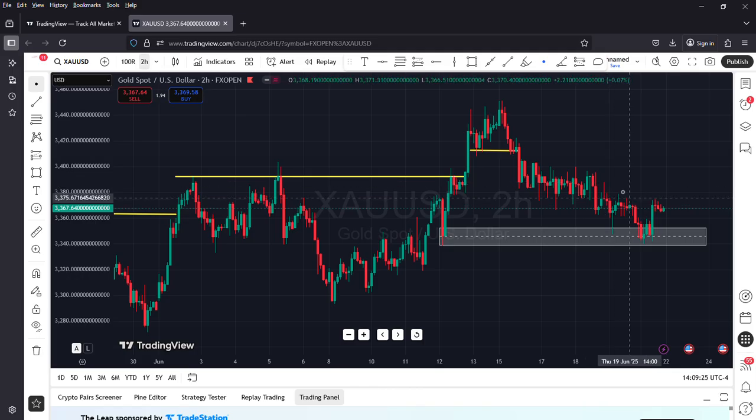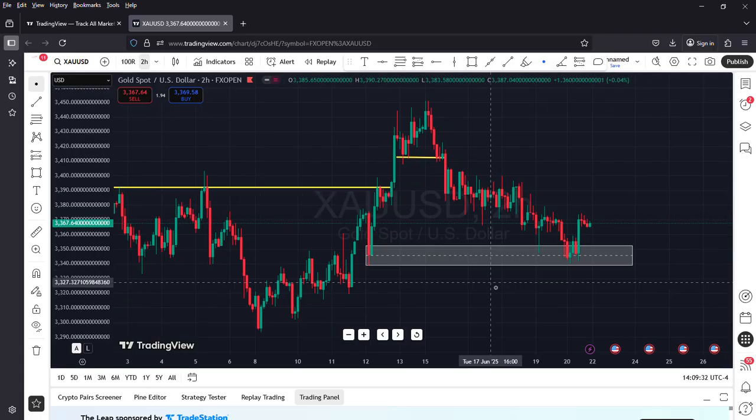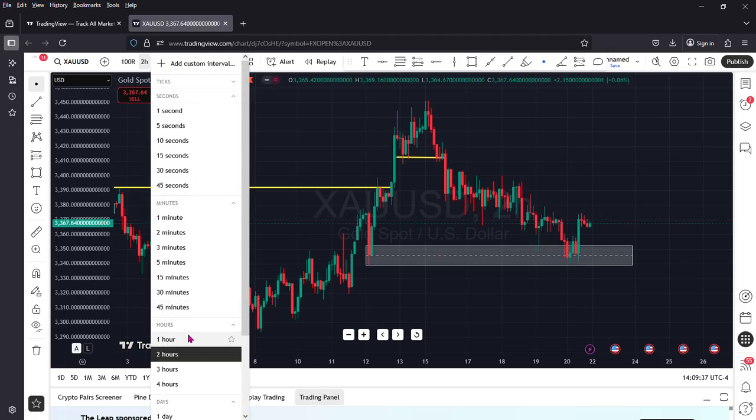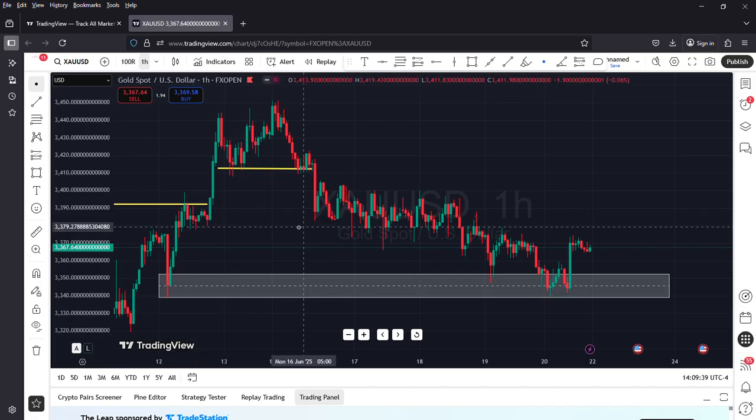Now that we have seen that the market tapped into this origin and rallied to the upside, what are we thinking to do? We are going down to a lower time frame, like 1 hour. Now in our 1 hour, we see a break of structure here, a change of character here, a change of character here, a break of structure before the tight range.